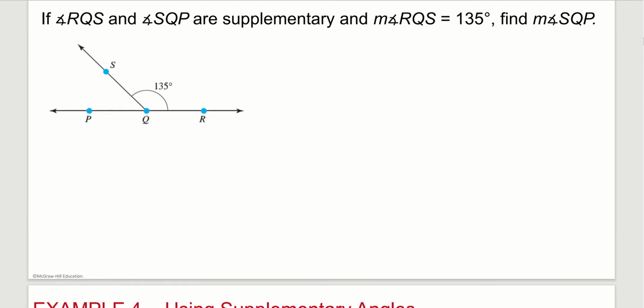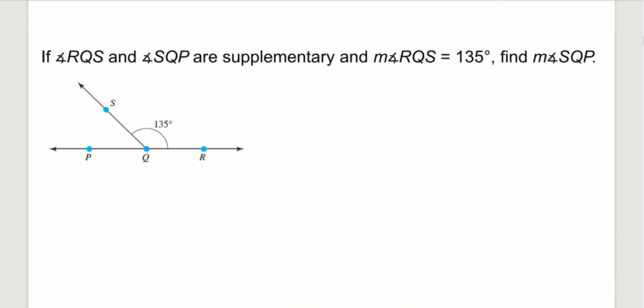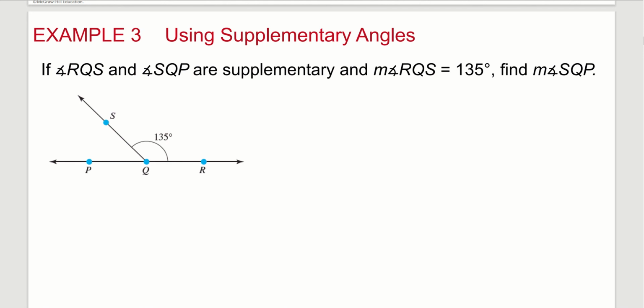Very similarly, in this example, we want to find the measure of SQP. They tell us that SQP, which is this angle here, is supplementary to angle RQS, which is 135. Let's denote the angle we're looking for. Let's call it X. If they're supplementary, that means that they add to 180.